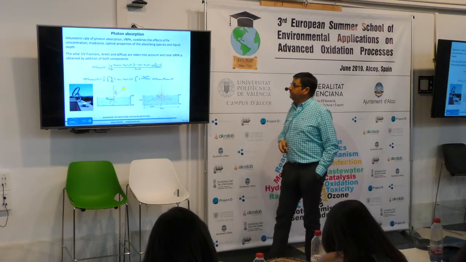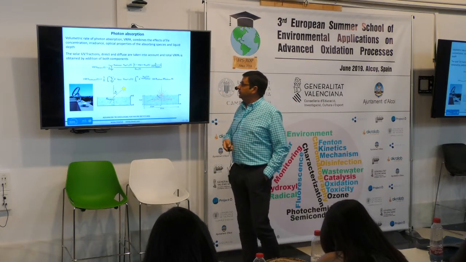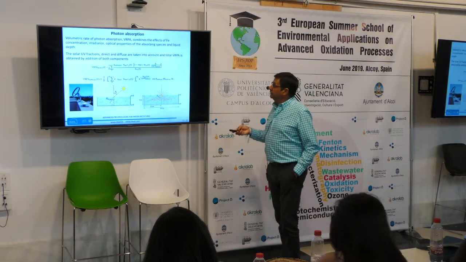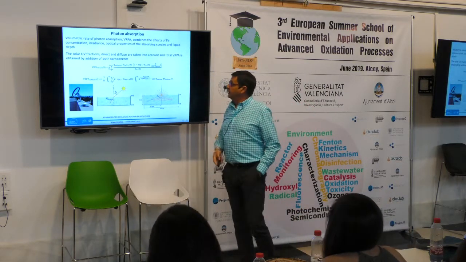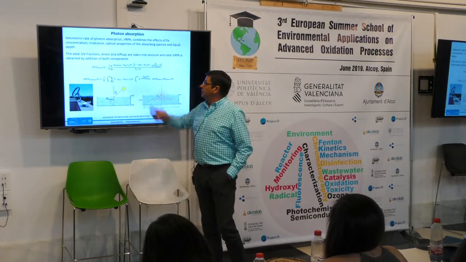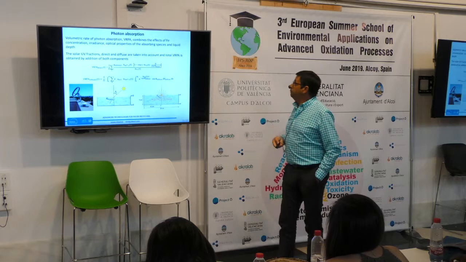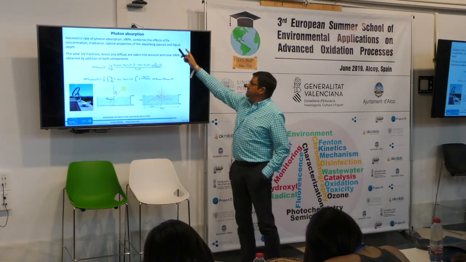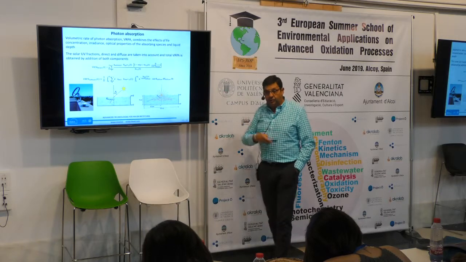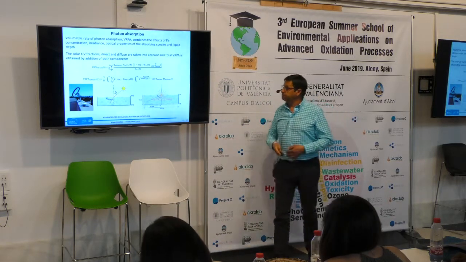The concept of volumetric rate of photon absorption combines the effects of the absorbing species, the irradiance, the optical properties of the solution, and the liquid depth, that is, the light path length or the geometry of the reactor.